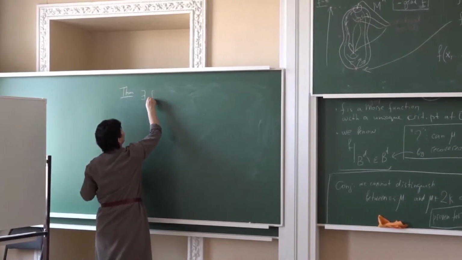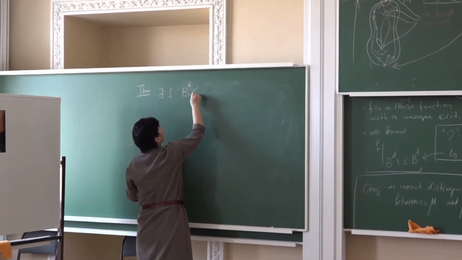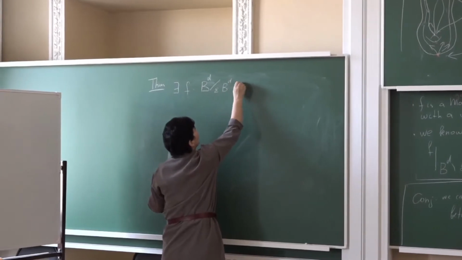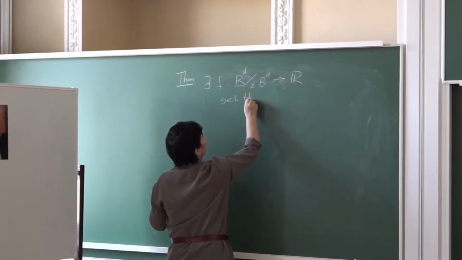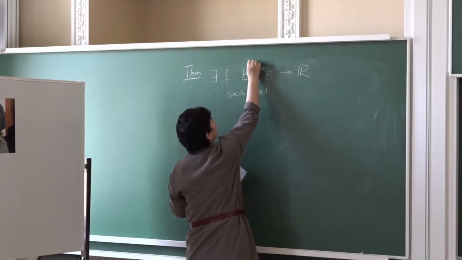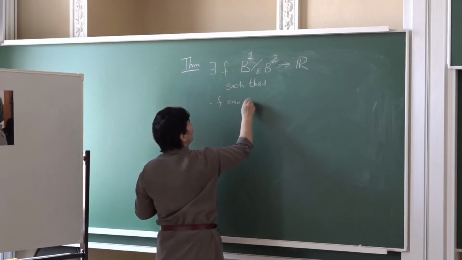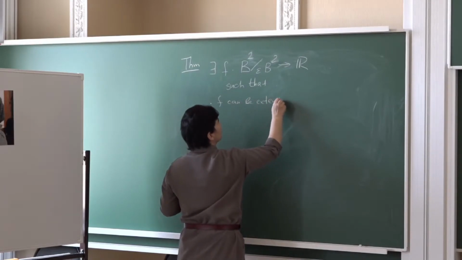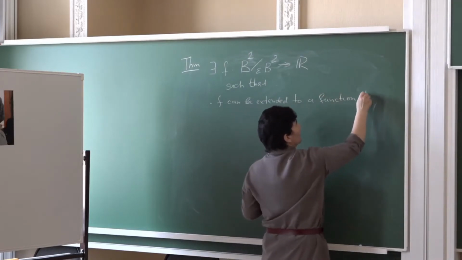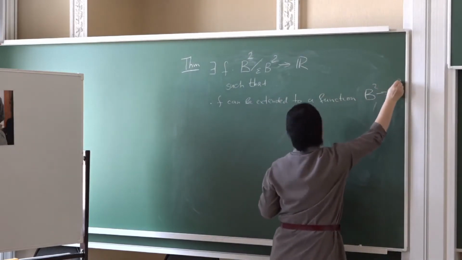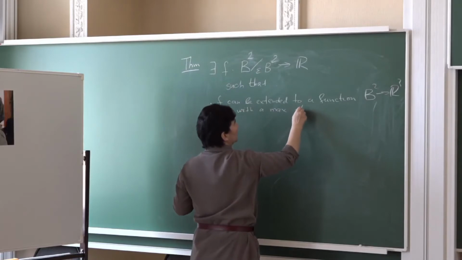There exists a function which is defined on B^d minus epsilon times B^d to R, such that, let us formulate it for dimension 2, f can be extended to a function from the entire ball with a maximum at the origin.